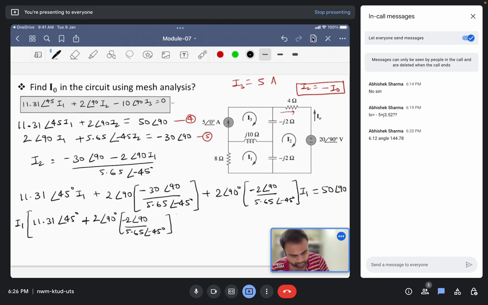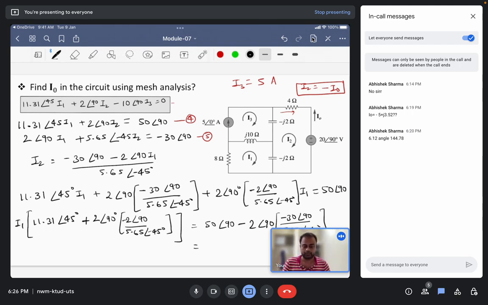I1 is taken as common, is equal to 50 angle 90 minus twice angle 90, and in the bracket minus 30 angle 90 divided by 5.65 angle is minus 45 degrees. So we have to simplify this equation.